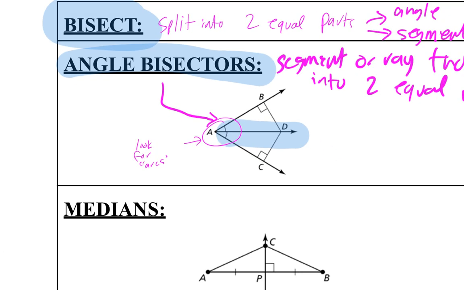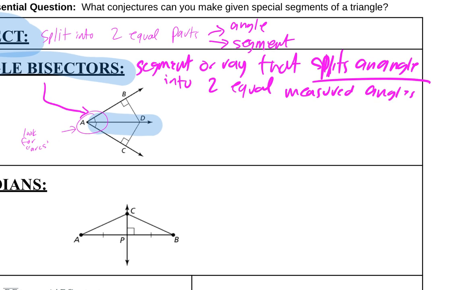So on this one, what we can say is that this ray right over here, AD, bisects angle BAC. BAC is the big angle, and so this bisects it. So what that means is it makes two different smaller angles.